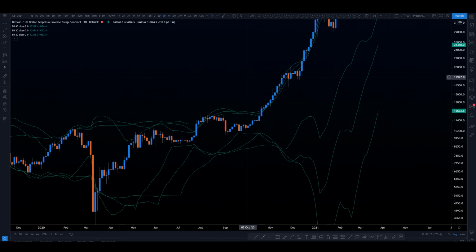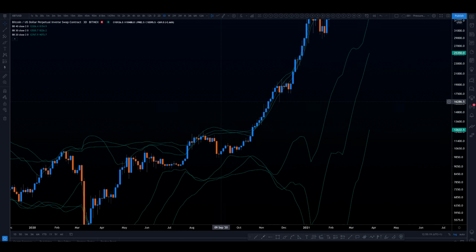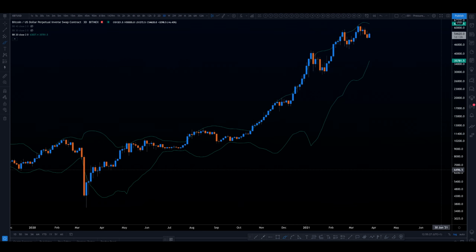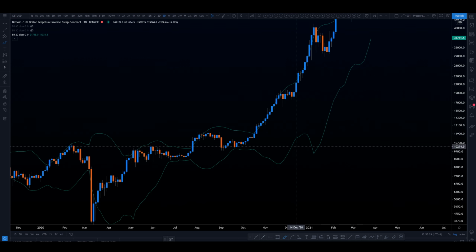Let me show you this. We see, let's take this narrow band here. What you see is price is grinding up while in that narrow trading range pressure zone, right?